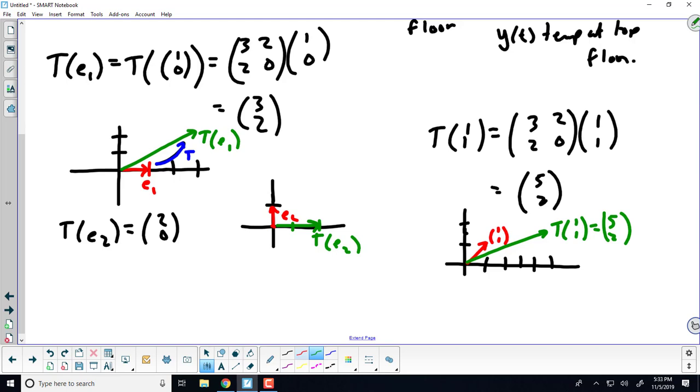All right, so there's looking at what the transformation did to three different vectors.